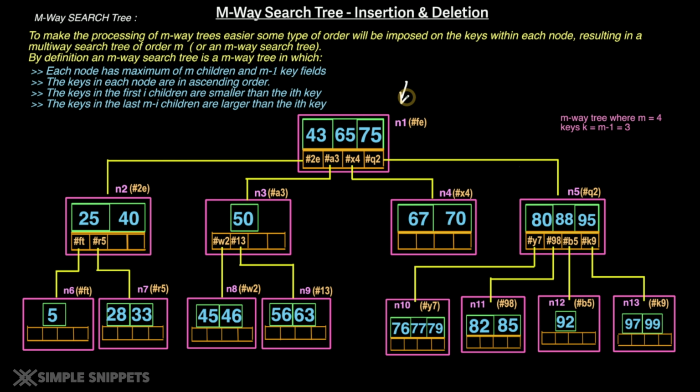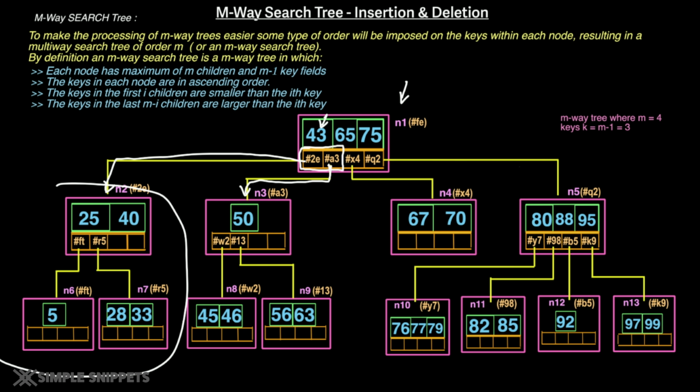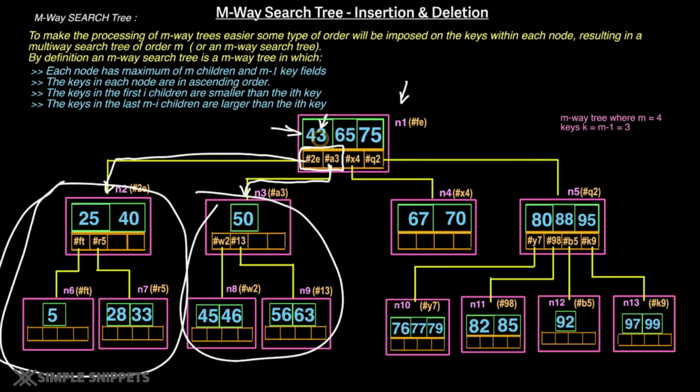In this particular node n1, if you observe, the first value is 43, and for this particular key we have these two left and right pointers, pointing to the left and right subtree for this key. So this is the left subtree entirely for this key, and this is the right subtree for 43.